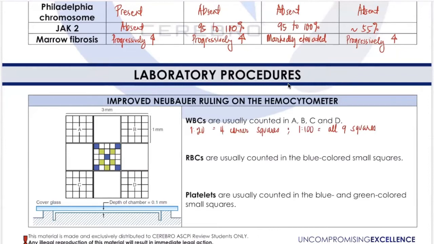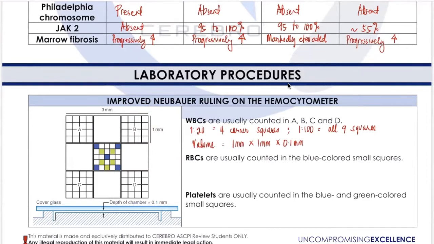So, what is the volume of one corner square or one secondary square in the hemocytometer? Okay, so we could solve for the volume by multiplying, of course, the dimensions of this particular square. So that would be 1 mm by 1 mm by 0.1 mm.